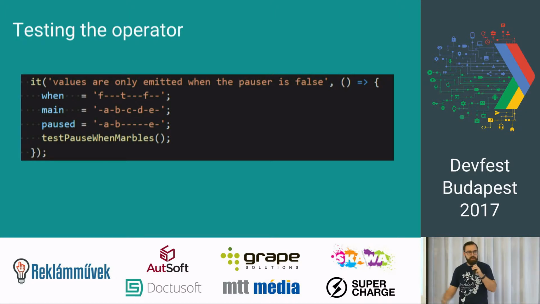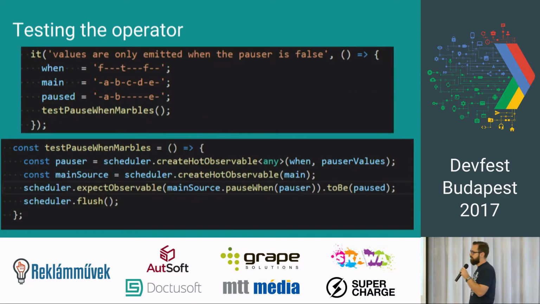But you could say, okay, but there is that little function and I could have the universe behind it, but don't be frightened, it looks ugly, but it's not that difficult. So we're basically just creating observables from those marble strings, and at the end of it we say that our expected observable, when we applied our operator, should be that marble string we specified.